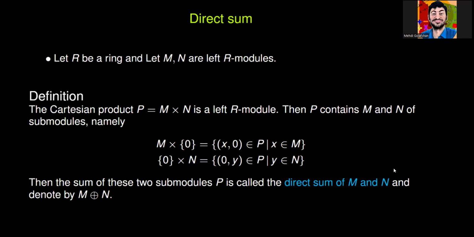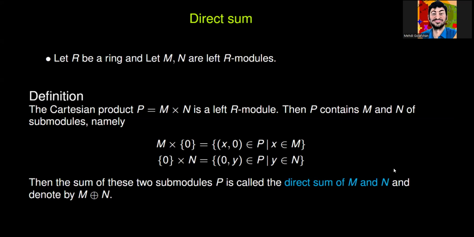Then P contains M and N as submodules, namely M times {0}, which is any element whose first component is X, an arbitrary element from the module M, and second component is 0, and {0} times N, where the first component is 0 and the second component belongs to N. So M and N we can view as submodules of the Cartesian product P.